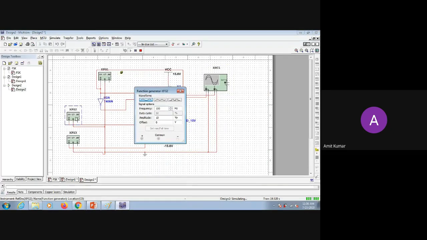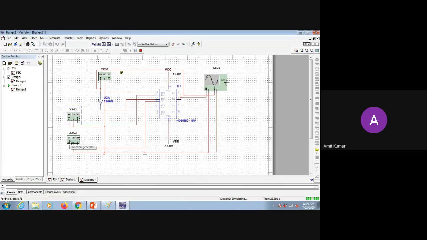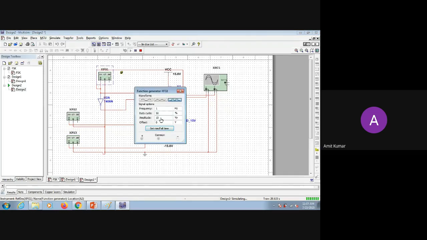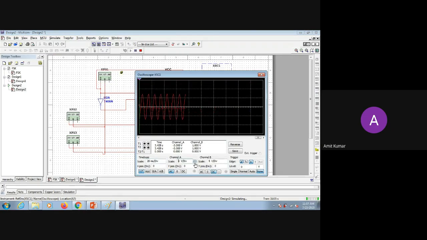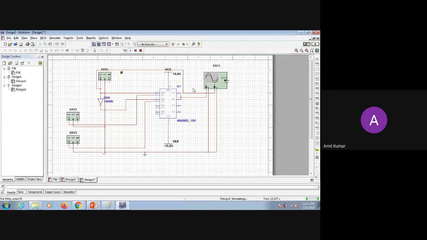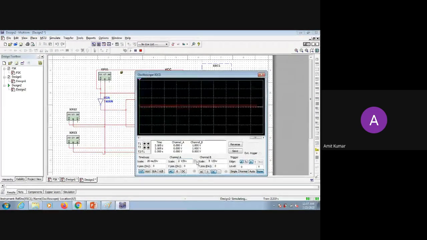Okay, so if you look at this, this is 10 volt, 10 volt. So here also the problem must be the same thing, that inverter.